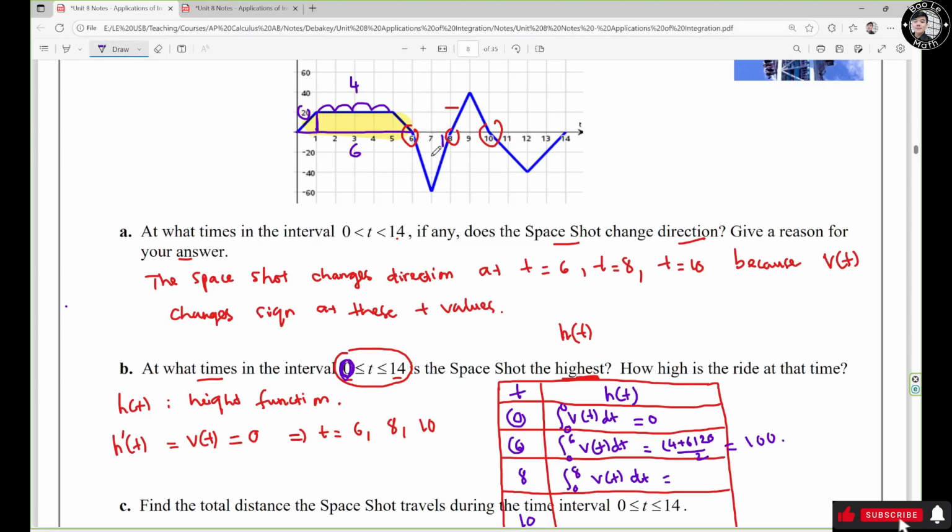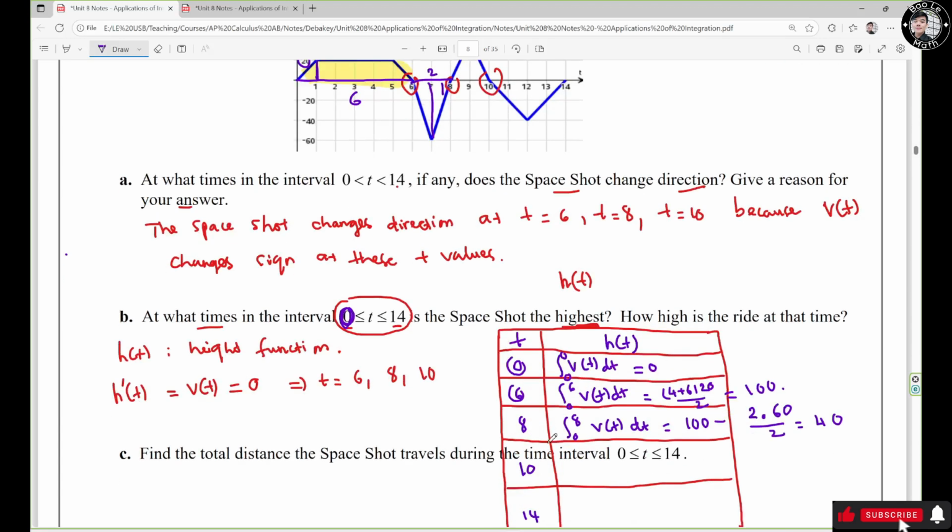The base is 2, the height is 60. So whatever you got right here, 100, you need to subtract base 2 times height 60 divided by 2. So it's going to be 100 minus 60, which is 40, right?